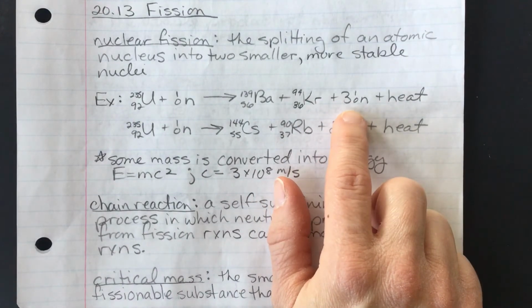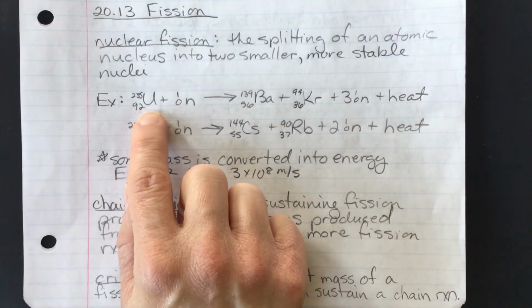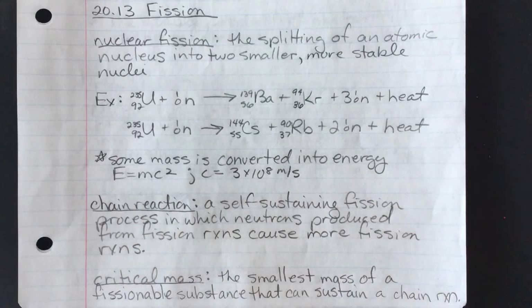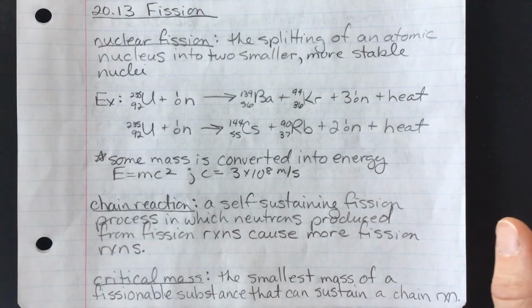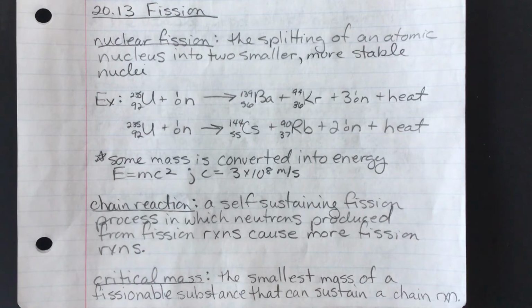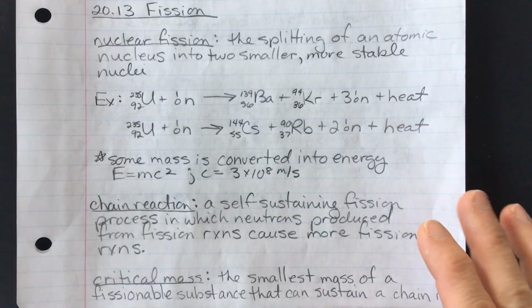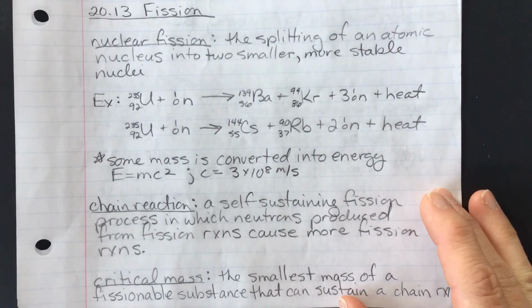Well, those 3 neutrons can bombard 3 more atoms, and when they bombard 3 more atoms, 9 more neutrons are released. And those 9 neutrons bombard 9 more atoms, and then 27 are released, and so on and so forth. So you get this chain reaction that's really exponential.